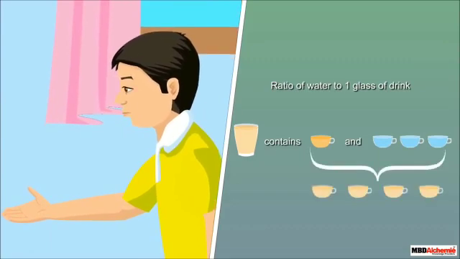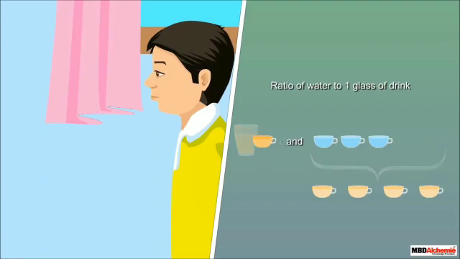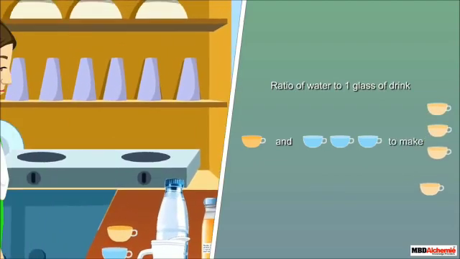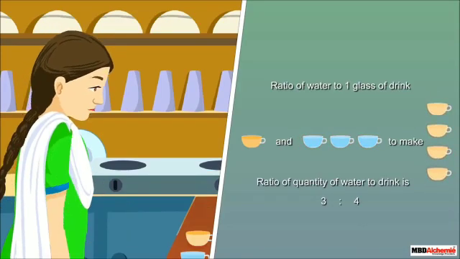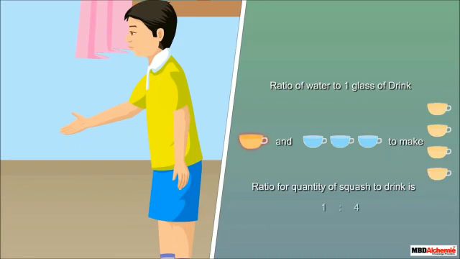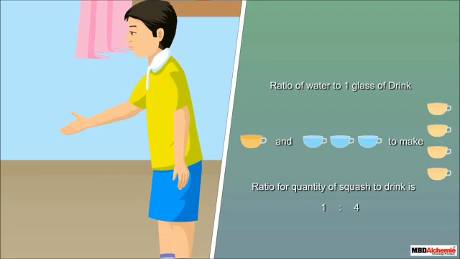That is, 4 cups are poured into 1 glass to make 1 drink. Yes, that is why the ratio of quantity of water to drink is 3:4. And for quantity of squash to drink, it becomes 1:4. So, while writing ratios, first we have to convert different quantities to the same unit.